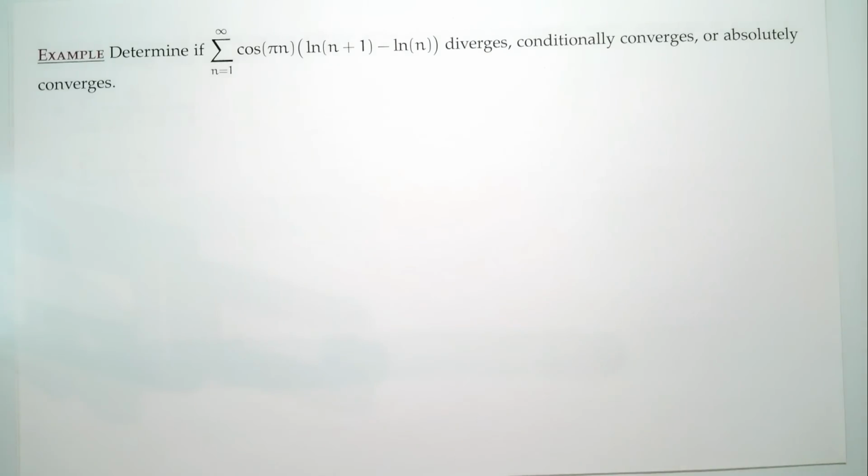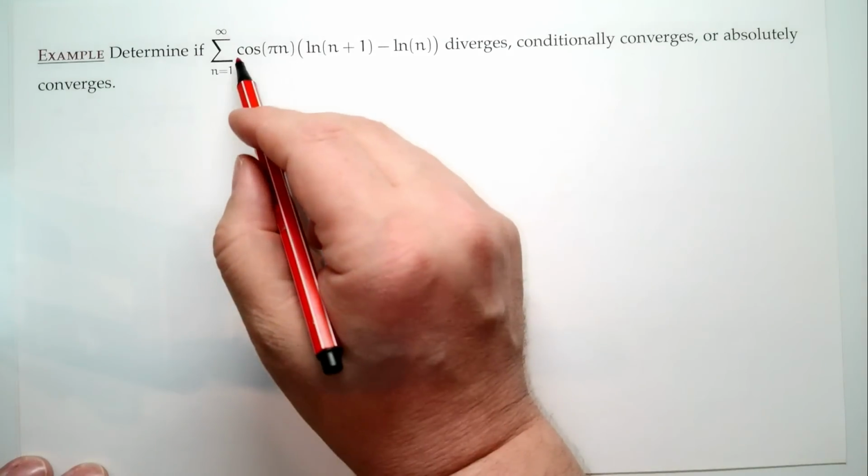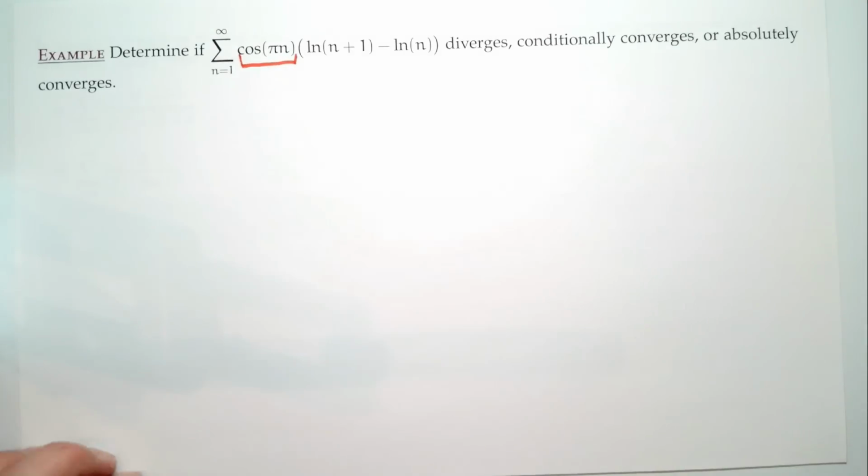All right, determine if the sum n equals 1 to infinity of cosine pi n times log of n plus 1 minus log n diverges, conditionally converges, or absolutely converges. Well, what do we do? Here, we're trying to obfuscate some things.